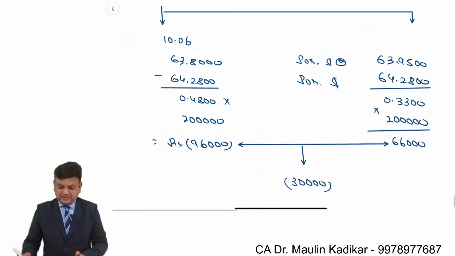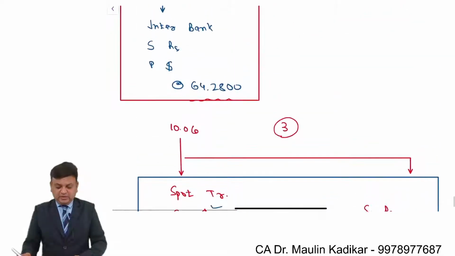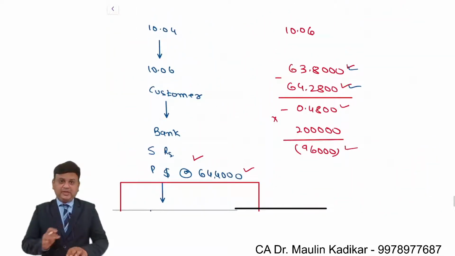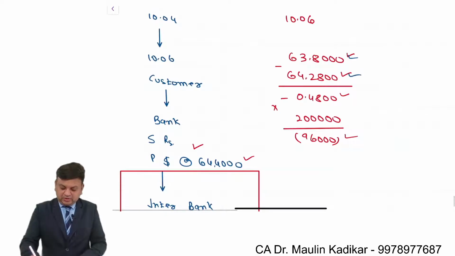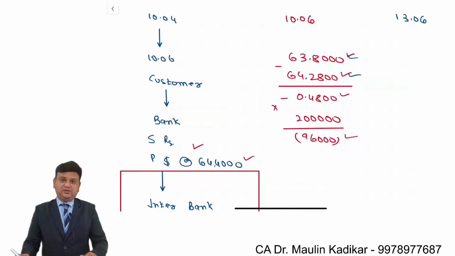Okay. Now listen carefully. I am going time-wise. So on 13th of June, the customer actually comes. So first of all, what we will tell him is, you do one thing, cancel your original forward contract. Whether you want to take delivery of 2 lakhs dollar, extend this contract, or absolutely cancel it, whatever you want to do, I will listen to that later on.